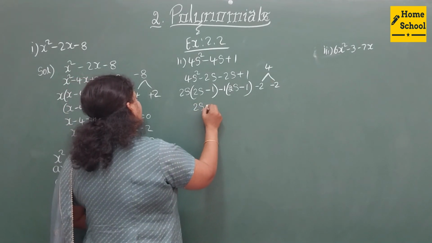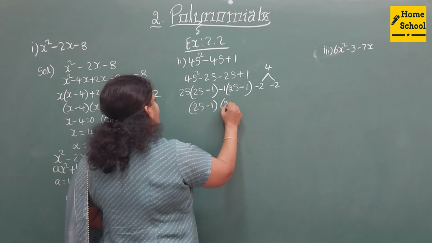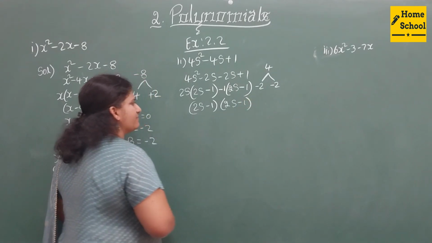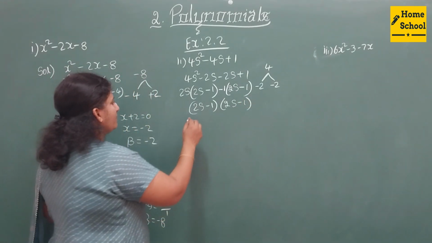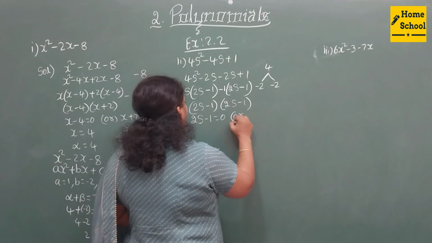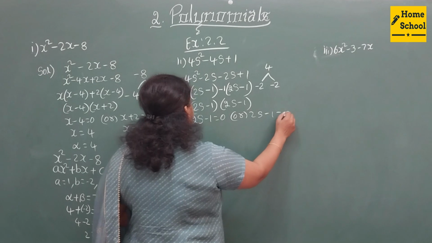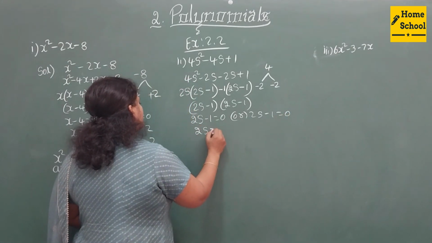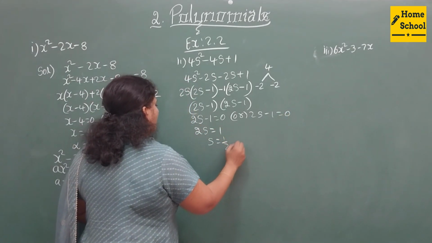Again 2s minus 1 is common. 2 times you are going to get the same value, 2s minus 1 into 2s minus 1. In order to get 0, equate to 0 here, 2s minus 1 equal to 0. 2s is equal to 1, s is equal to 1 by 2.